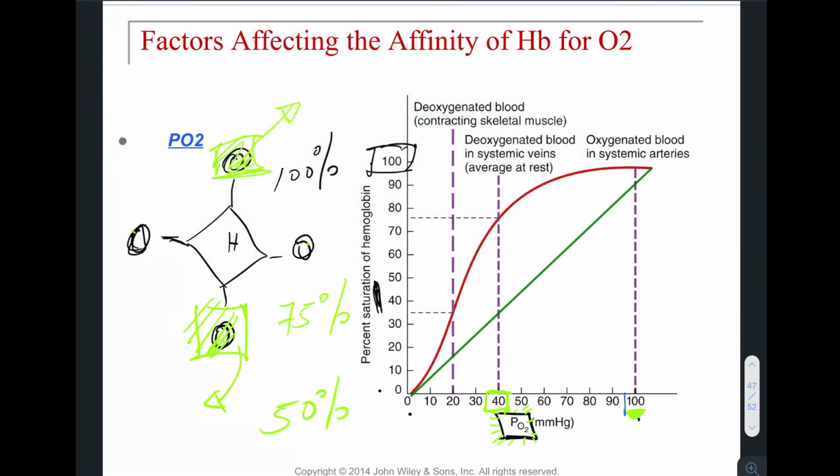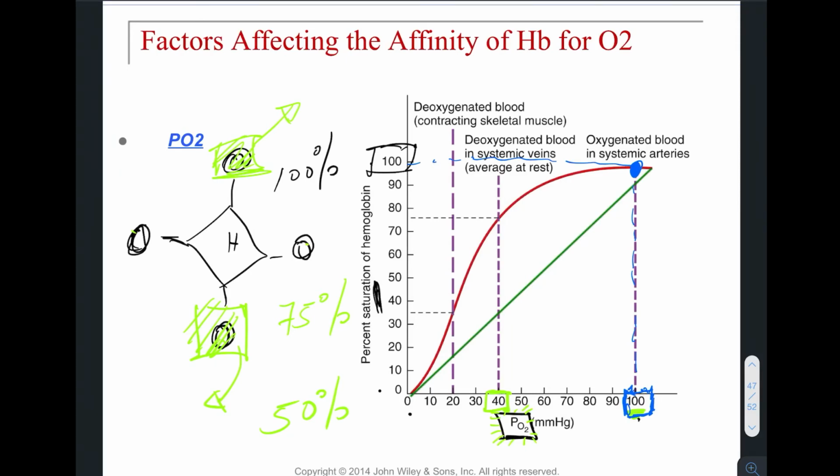And so notice that when the partial pressure in that red blood is at 100, well, no surprise, the hemoglobins are fully saturated because that is, after all, oxygenated blood. So you have oxygen bound in all four slots on each hemoglobin molecule, giving you 100% saturation.